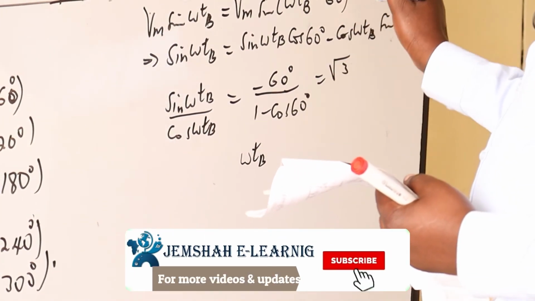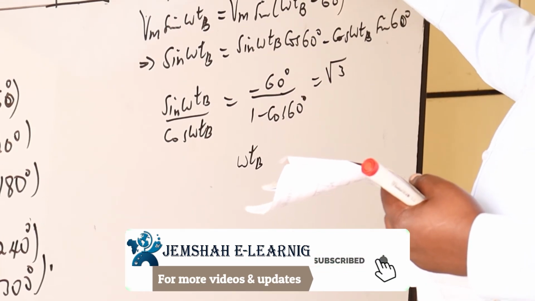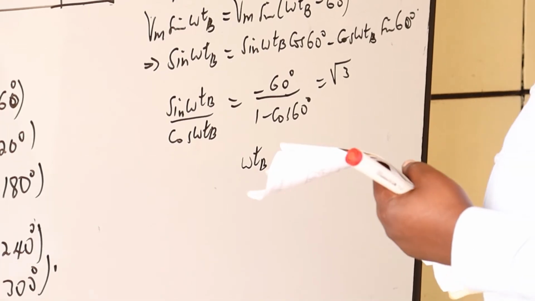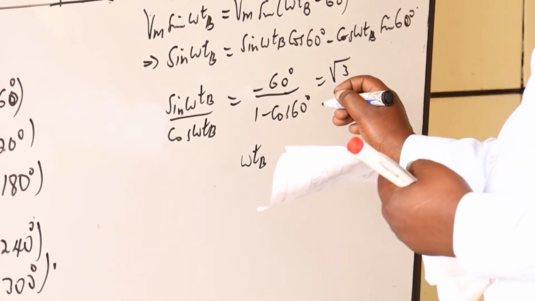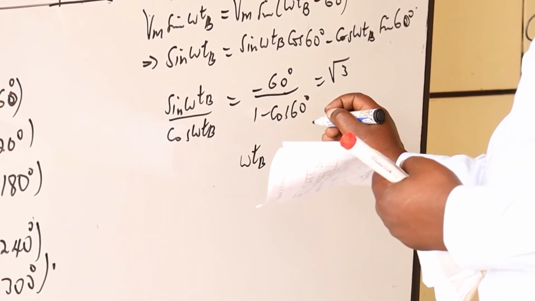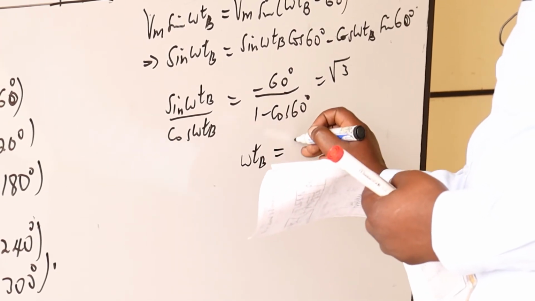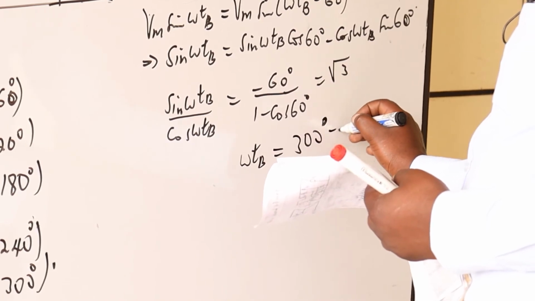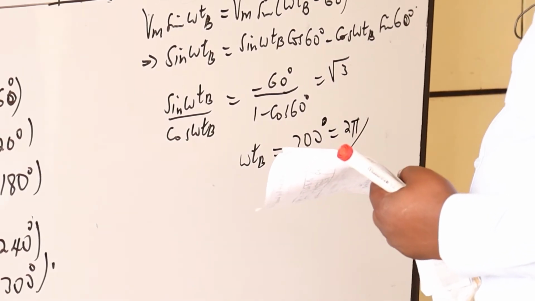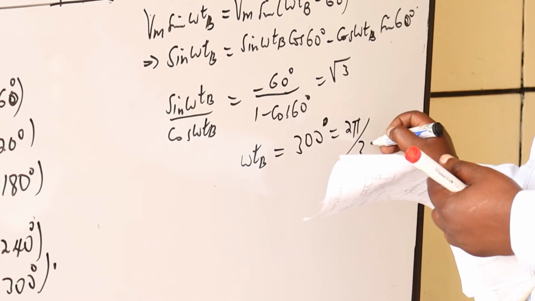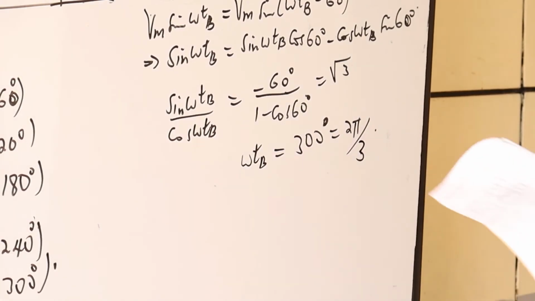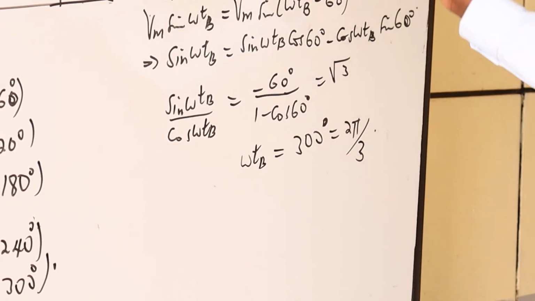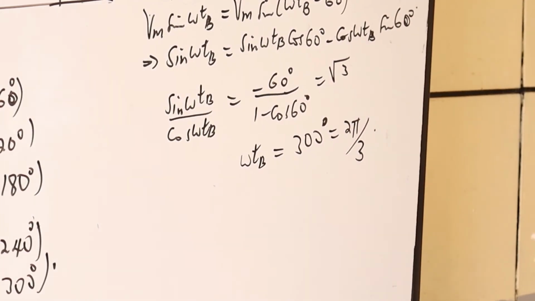The first quadrant was where we had 60, pi over 3. Now in the third quadrant we shall take 300. So omega t at point B, take 300 degrees, which is equivalent to 2 pi over 3. So these are our limits: pi over 3 and 2 pi over 3.